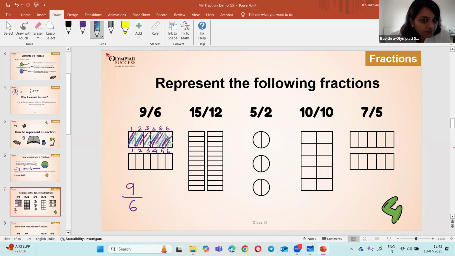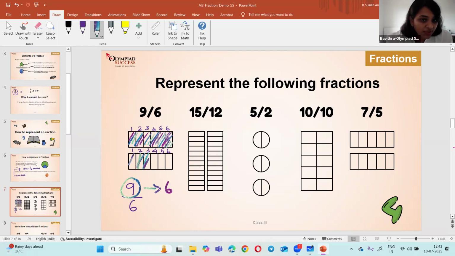So we are done. What do we do about the remaining? How many rectangles are left, Jaiveer? Out of 9, we have shaded 6. How many rectangles are left? 3, so 1, 2, 3.